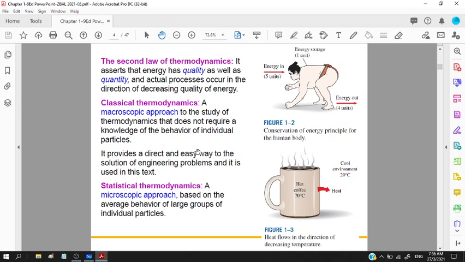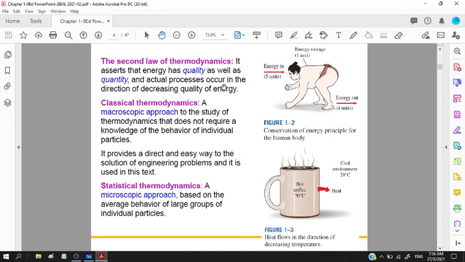The second law of thermodynamics always shows the processes in terms of the quality and direction, the quality and also the theoretical limit. And also we look at the efficiency. Right? The quality can be put into the term of efficiency in the second law of thermodynamics.